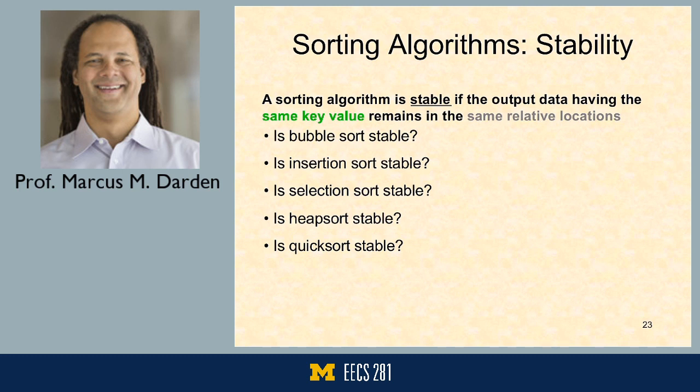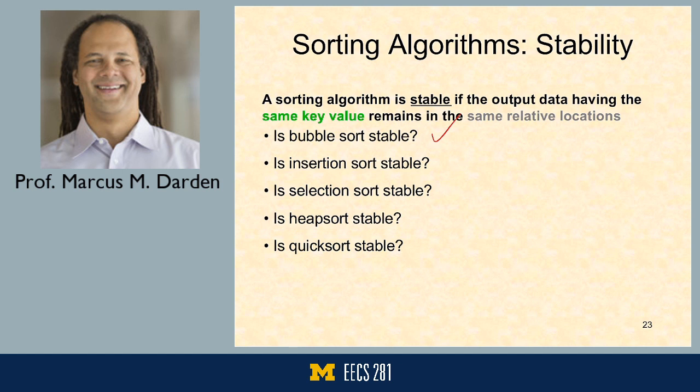How about stability? Do we remember what stability was? This happens when the same key values remain relatively located. So if I have a 4 early in the data section and a 4 later in the data section, by the time I get done sorting them, the left 4 always stays left of the right 4. Then we call that algorithm stable. Bubble sort, we knew that was stable, right?